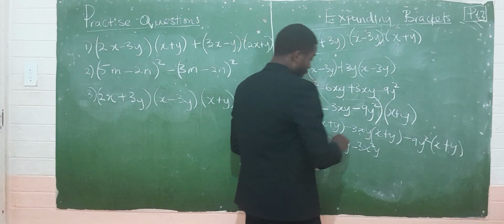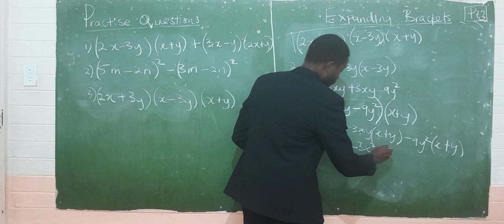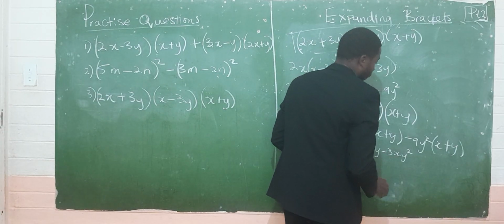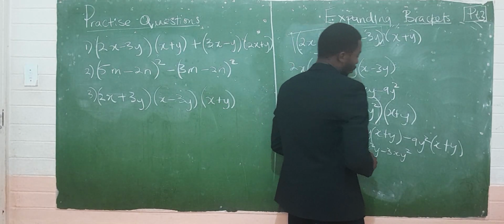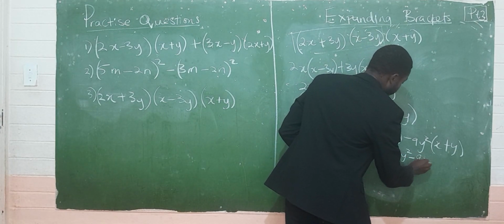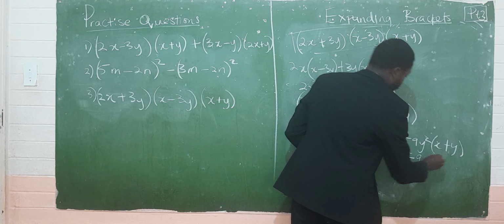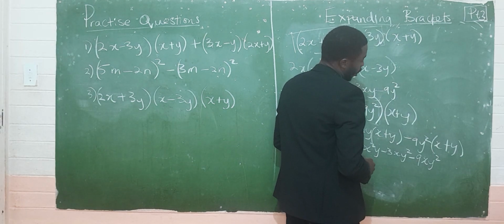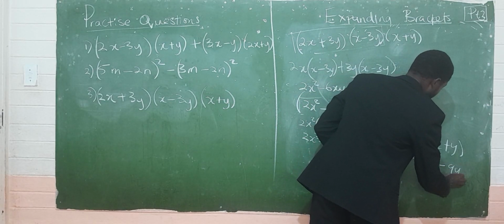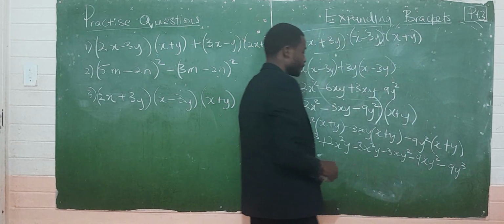And of course, negative 3xy times y, that's negative 3xy squared. Negative 9y squared times x, that's negative 9xy squared, and negative 9y squared times y, that's negative 9y cubed.